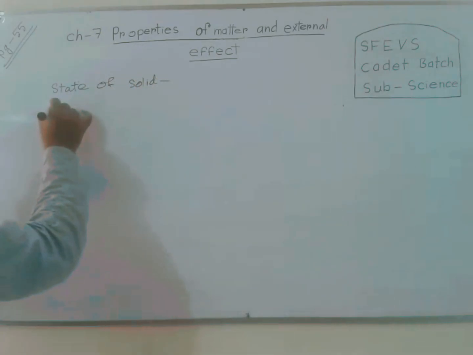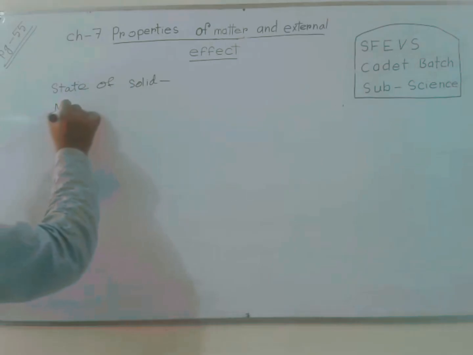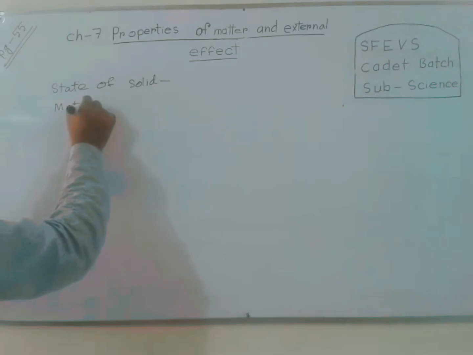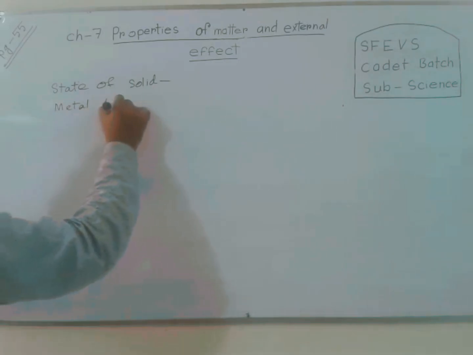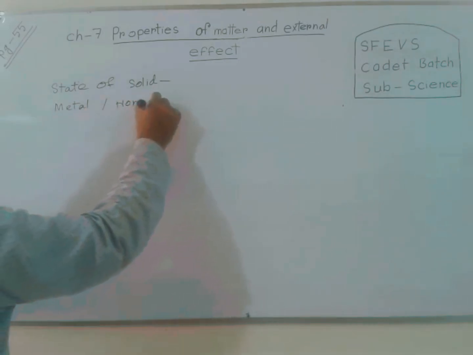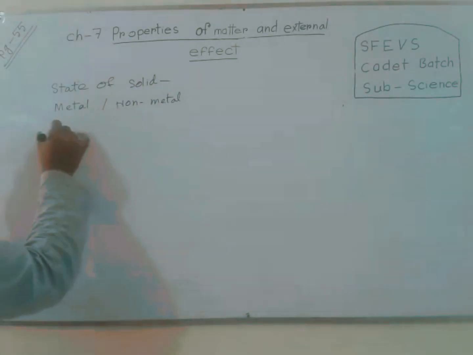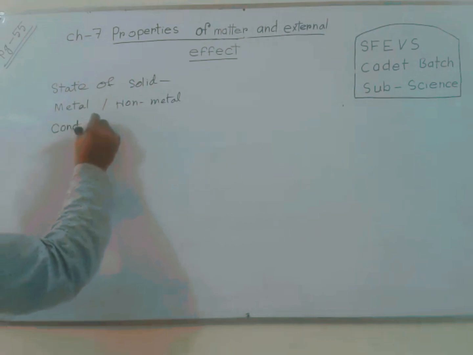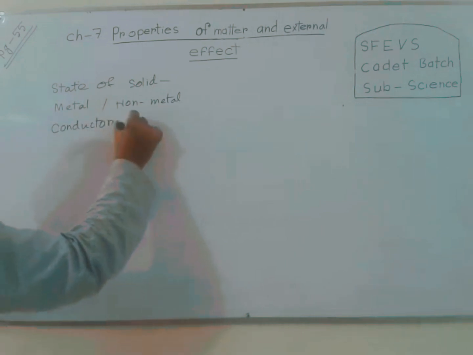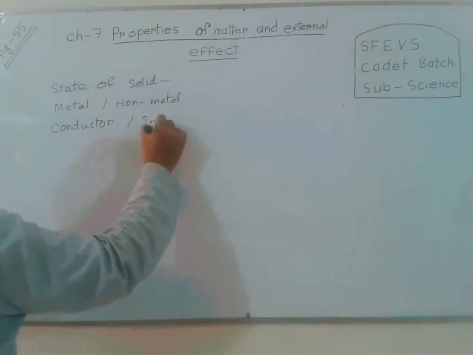Then we discussed metal and non-metal. Okay. Then we discussed conductor and insulator.